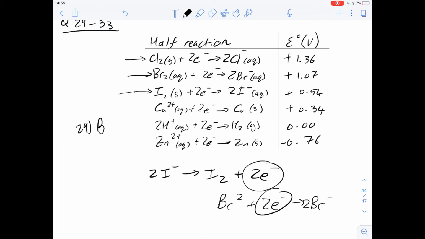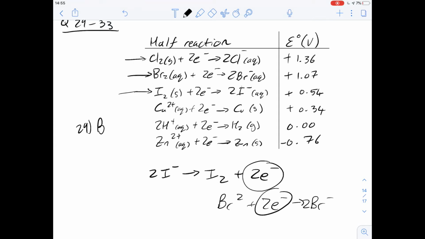So if we're looking at iodine here, it's got a higher E value than hydrogen, and so it would want to steal the electrons off hydrogen instead of provide them for the reduction, so it's not going to be iodine. If we look at copper, the same is true. It's got a higher E value.